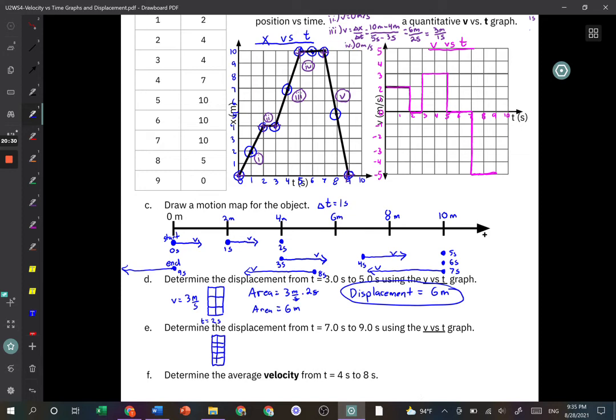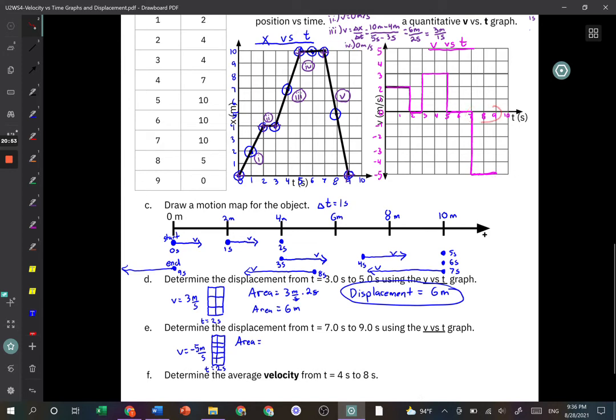So our velocity in that region is minus 5 meters for every 1 second, and our time interval is still 2 seconds.